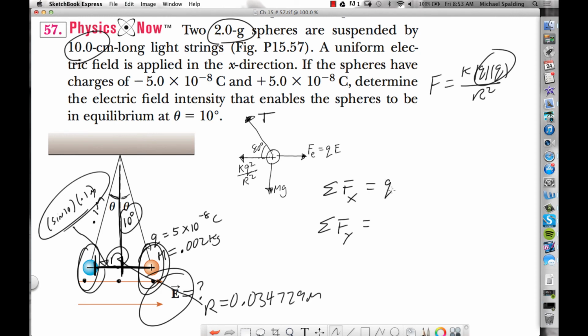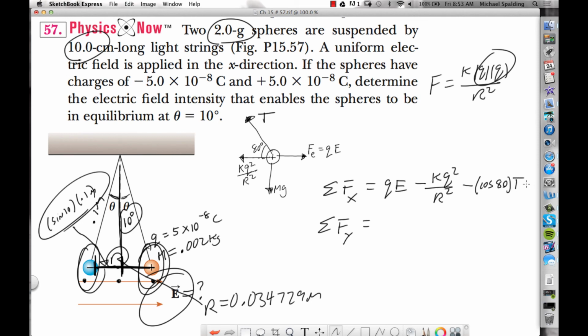So we have QE, right? That's perfectly x. We have kQ squared over r squared in the negative x. That's this guy right there. And then we have the x component of tension, which is cosine 80 times T.